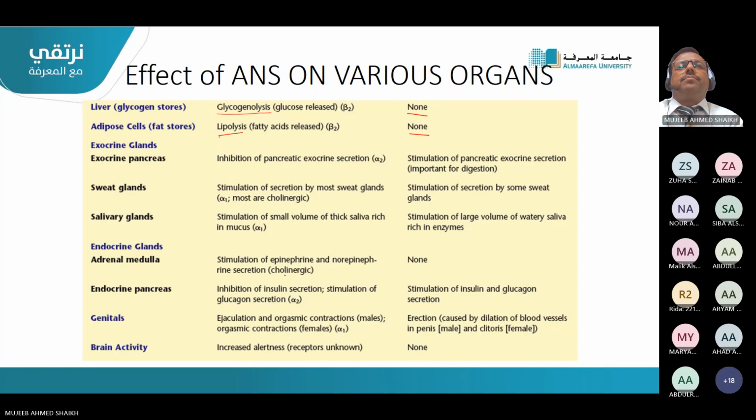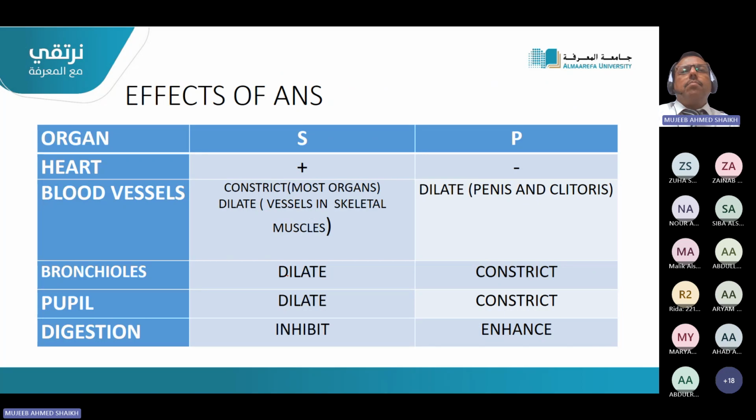Instead of remembering all, at least you must remember the effect of the sympathetic system on important organs. On the heart, sympathetic is stimulatory and parasympathetic is inhibitory. Blood vessels will be constricted by sympathetic stimulation. Parasympathetic will not cause any effect on blood vessels except in the penis and clitoris, where there will be dilatation.